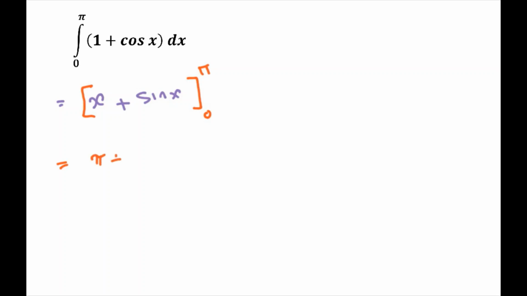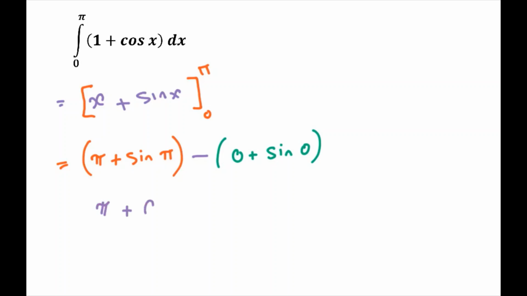So pi plus sine pi, minus 0 plus sine 0. That's going to be equal to pi plus sine pi, which is 0, minus 0 plus sine 0, which is 0 as well. So that's 0. So the answer will be pi.